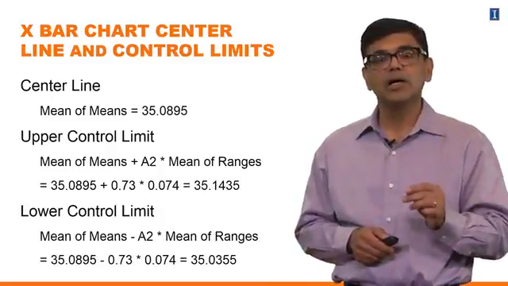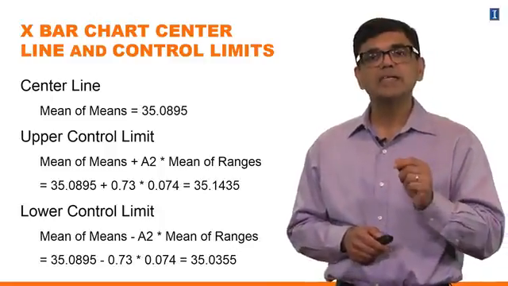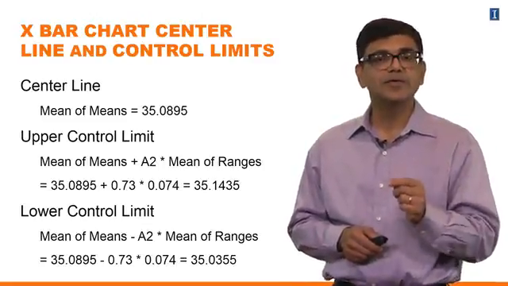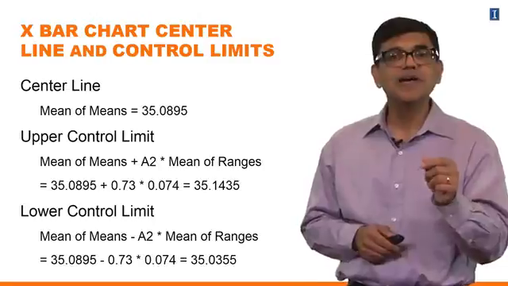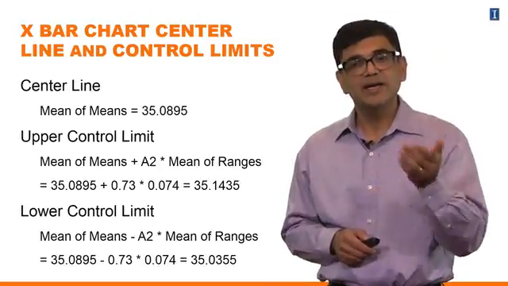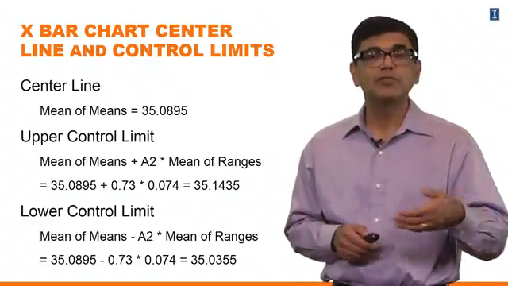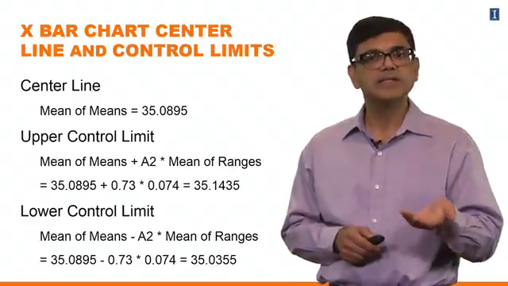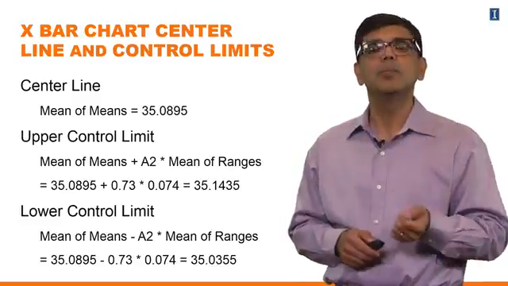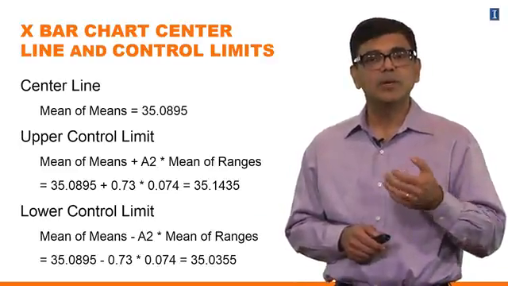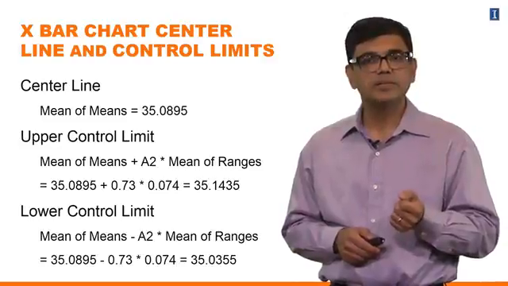The reason I bring this up is because it's important for the range to be in statistical control if you are going to use that range to compute the X bar chart. In other words, you need both of them to be in statistical control to call a process as being in statistical control, or to come up with the inherent capability of the process. You need both of them to be within the statistical control limits, right?